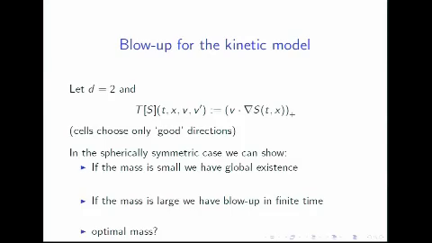And there is another M, which is much, much larger than that one. If you are there, you have blow up. Okay, obviously, that's not the result you expect. It's still an open problem to close this gap, to find one single M with a property below that you have global existence, above you have blow up.